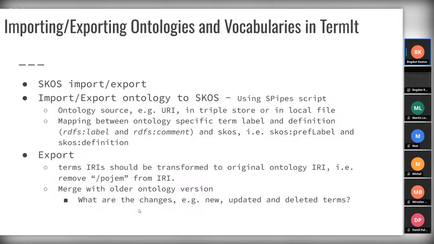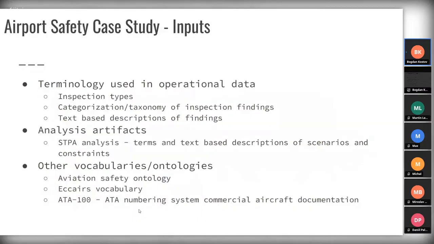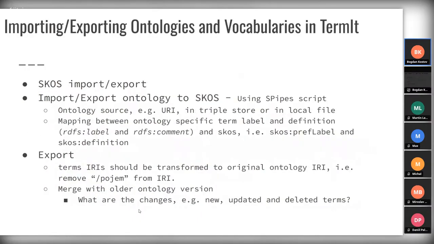So maybe I'll just say we don't have anything automated for non-ontologies. As I mentioned earlier, ATA 100, ECAERS, these are not ontologies.